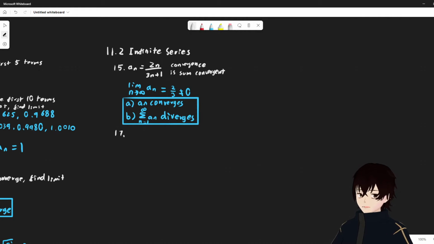And then 17. 17 says, oh, for the following problems, we find the sum if convergent.